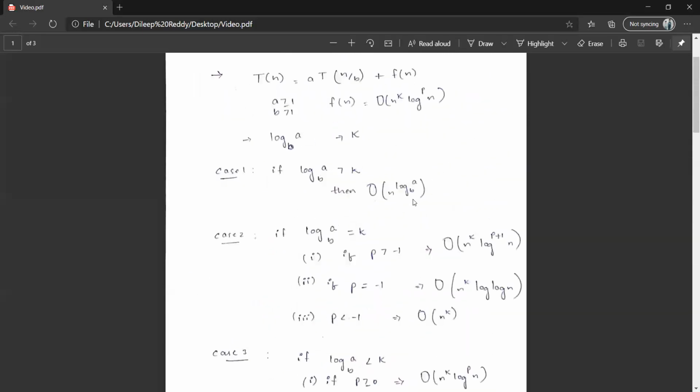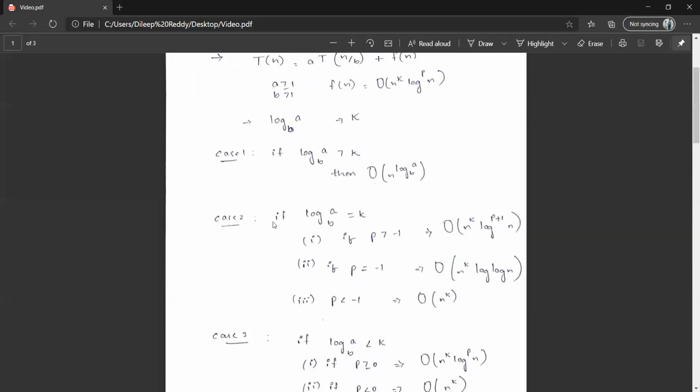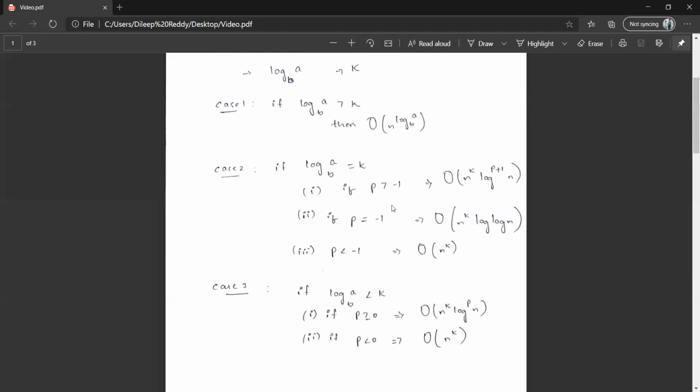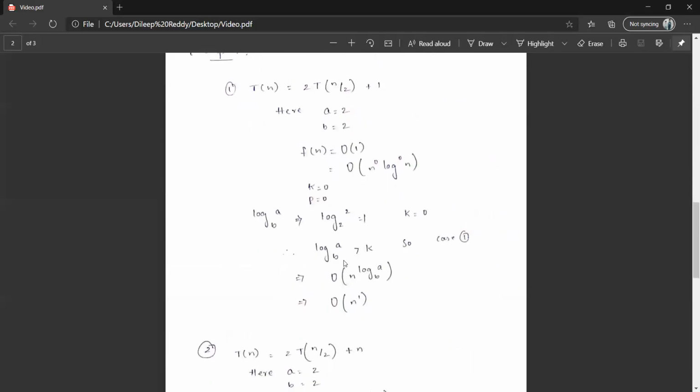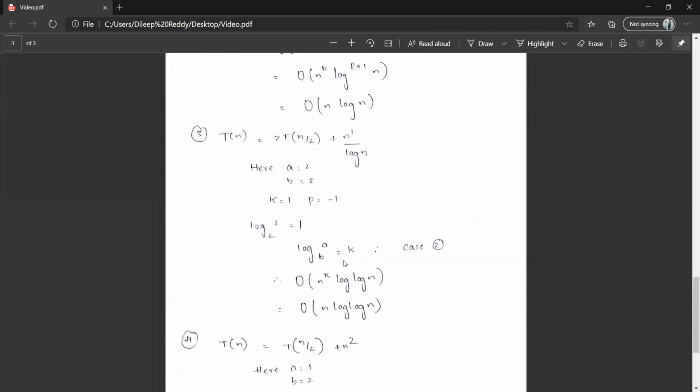So we know that log a base b is equal to k. If log a base b is equal to k, we're going to use case 2. So again we have to know the value of p. If p is greater than -1, we'll use this one. Equal to -1, we'll use this one. If less than -1, we'll use this one. So let's see our p value. Since log n is in the denominator, the value of p is -1.